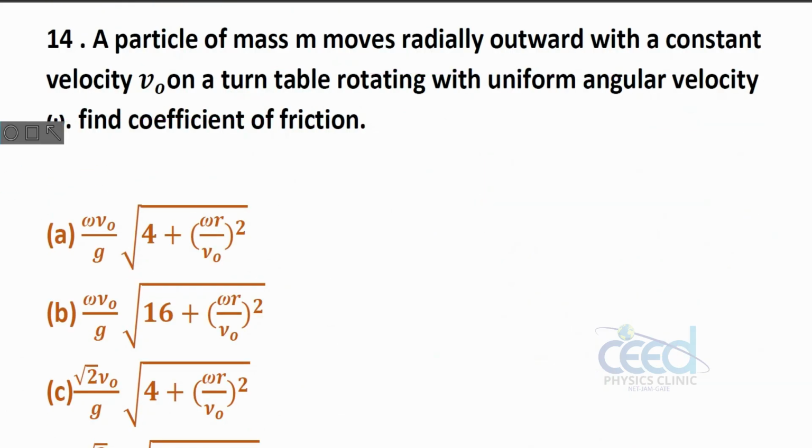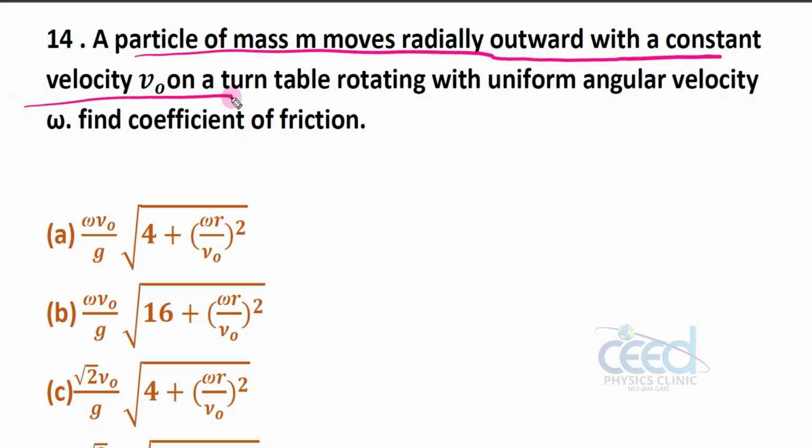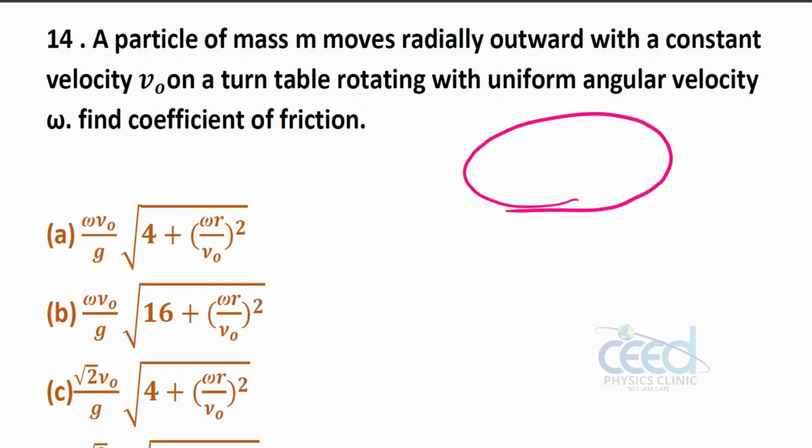See, the question is, a particle of mass m moves radially outward with a constant velocity v0 on a turntable rotating with a uniform angular velocity omega. The coefficient of friction is... see, two kinds of forces are acting, right. Suppose a rotating table is rotating like this. Now one body is moving like this with a velocity v, and there are two forces acting on it.